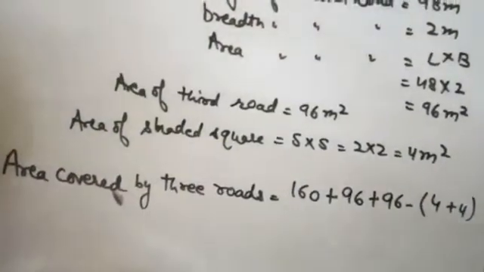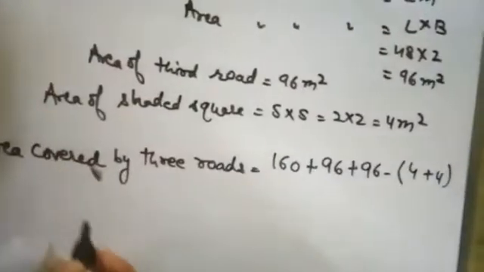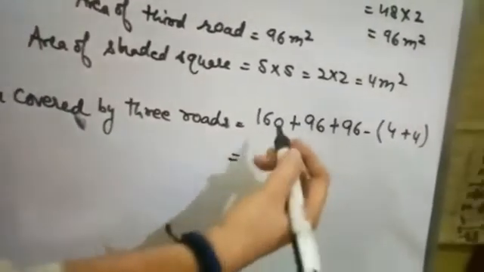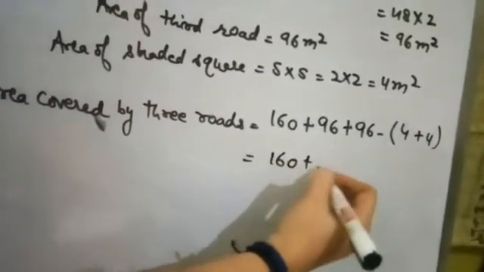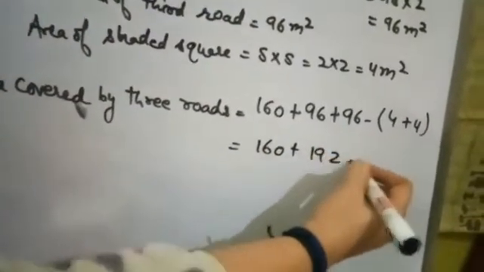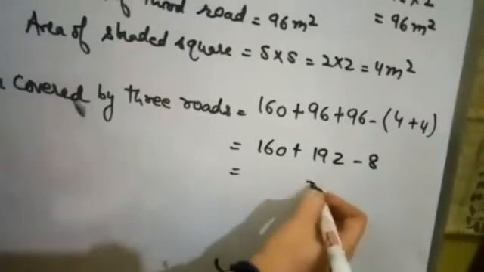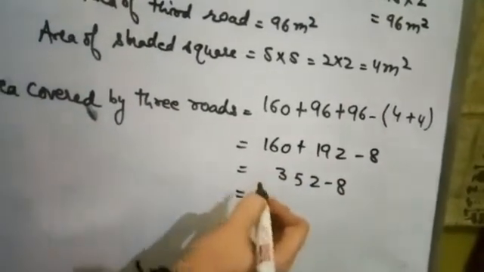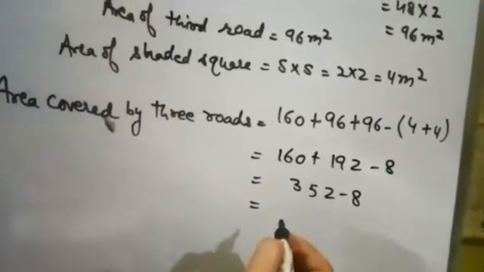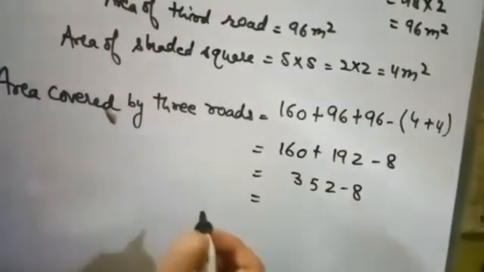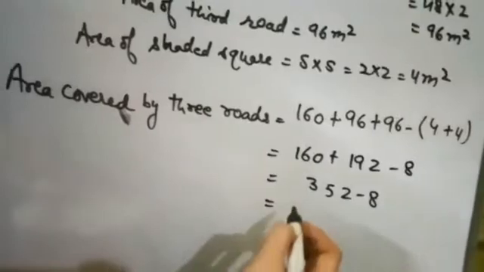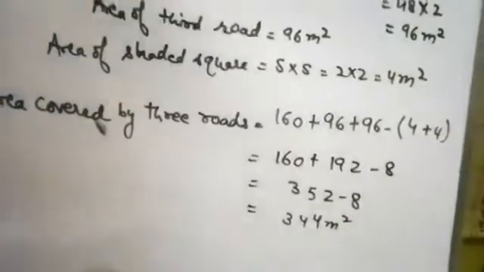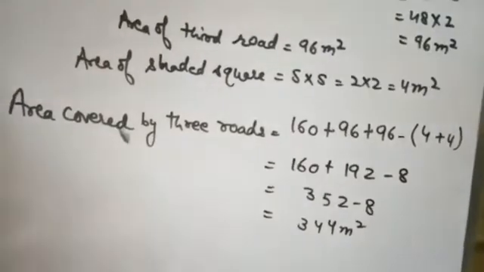So we have to subtract it. 160 plus 192 minus 8. 352 minus 8, 344 meter square is the area covered by these three roads.